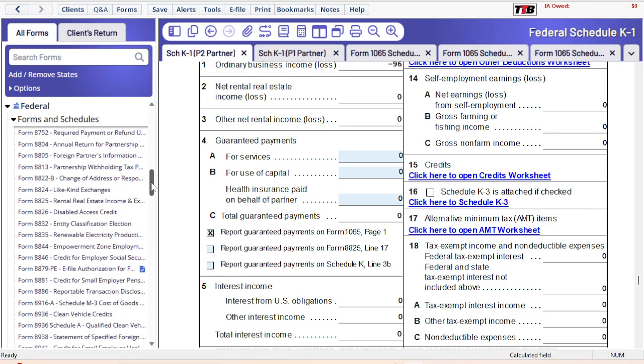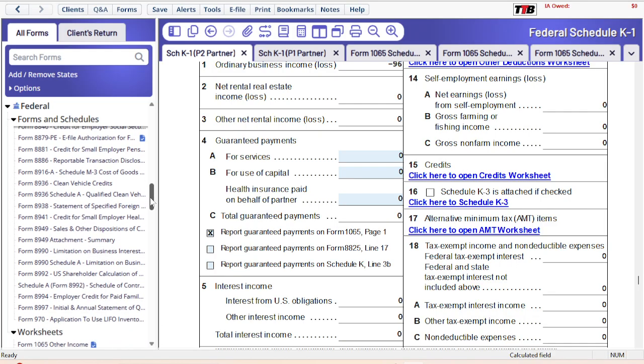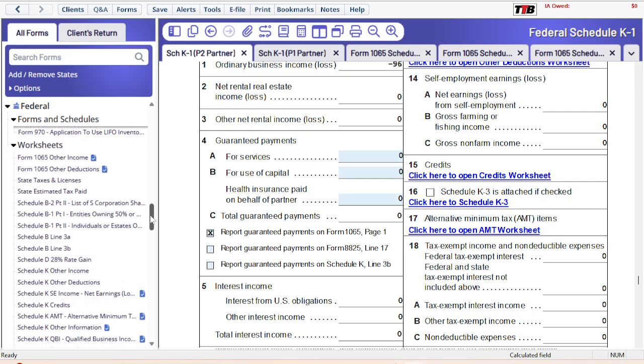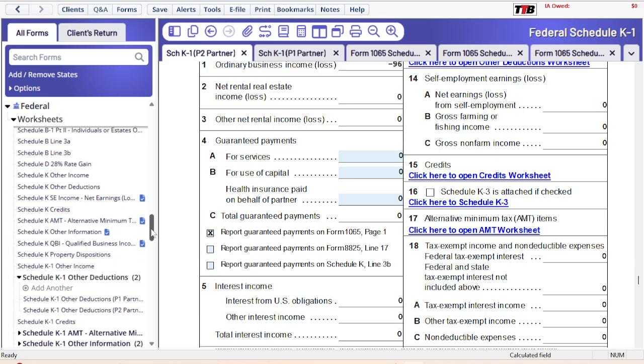So we might have to look for it here. Schedule K QBI and Schedule K1 QBI.